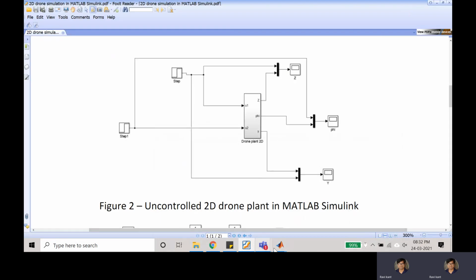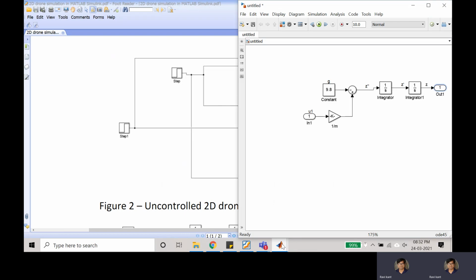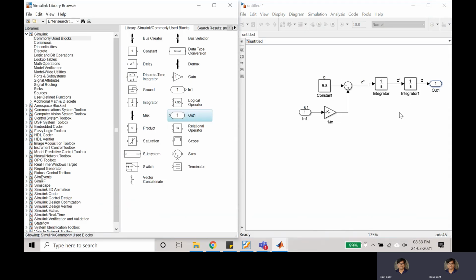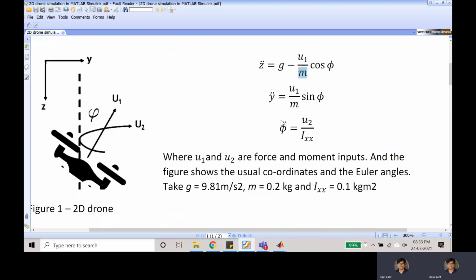Not this one, this was my word. This one. Okay, so as long as we have figured out z, now let's talk about u2, phi and y. Let us go through the governing equations once again.